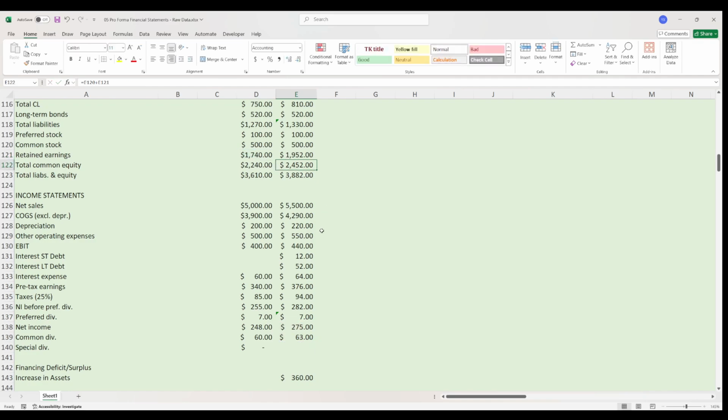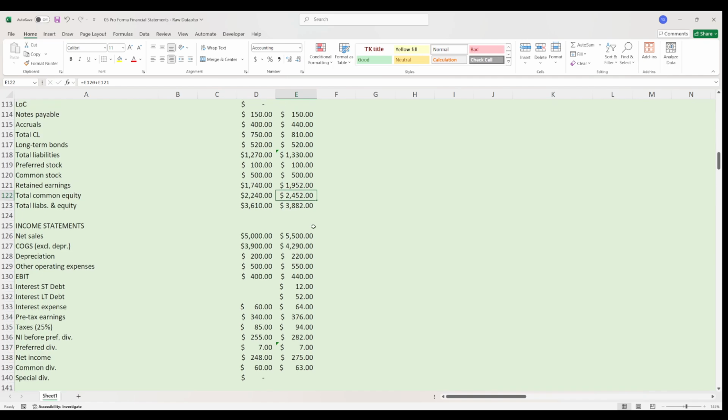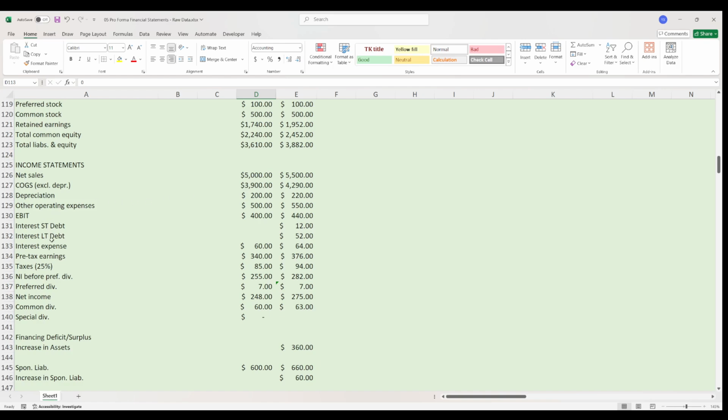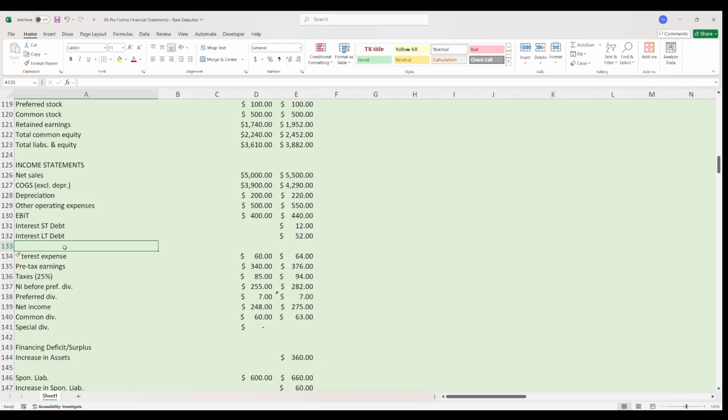So both dividends should be paid, and then the line of credit, if there's a line of credit balance right here in the last year, we will have to pay some interest expenses, right? So we have interest on short-term debt, interest on long-term debt, and then let's say there's interest on line of credit, right?